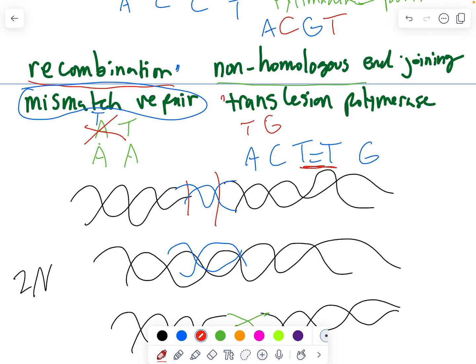This is our lesion, and we can just go across it instead of having a deletion. Translesion polymerase doesn't know what those are because it can't form hydrogen bonds with them, but it can just add random bases. That's going to give us mutations, but at least in some situations, having point mutations is better than having deletions.